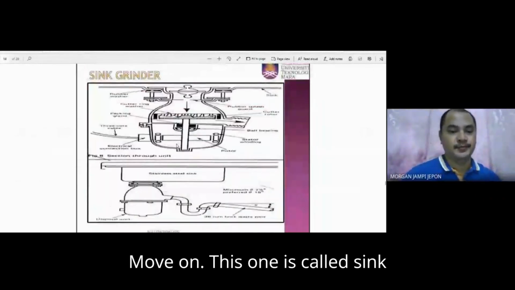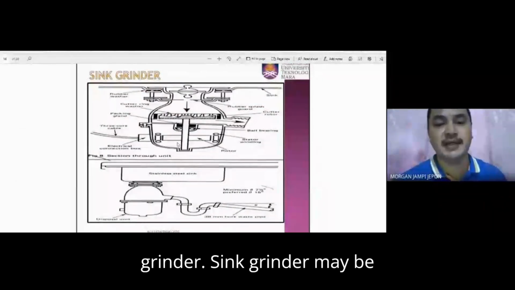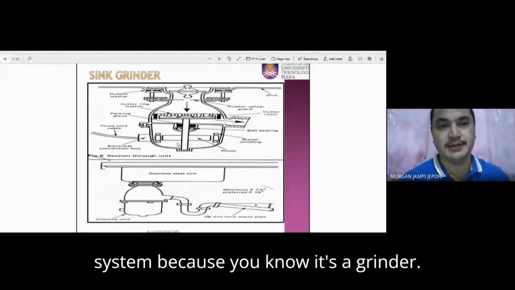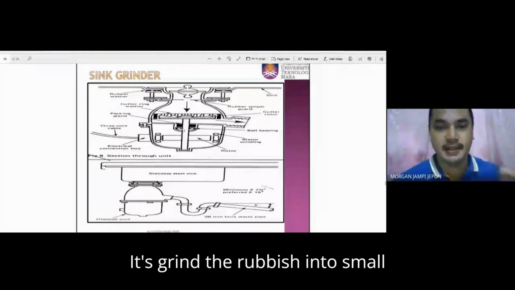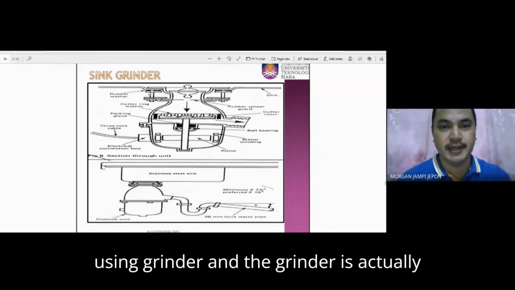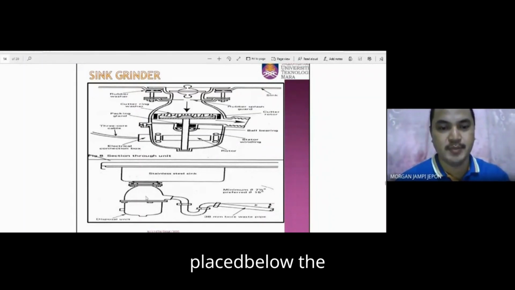Move on. This one is called a sink grinder. A sink grinder may be incorporated or combined with the Garchi system because, as it says, it's a grinder. It grinds the rubbish into small particles. The grinder is placed below the sink.